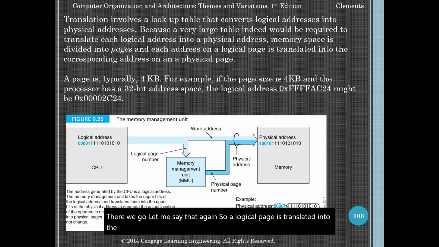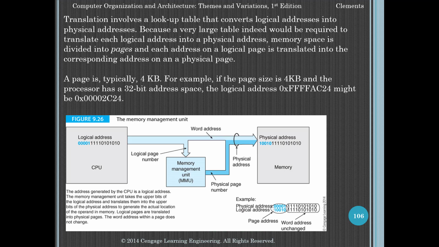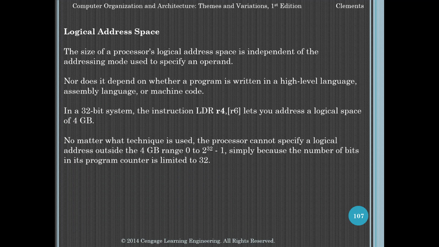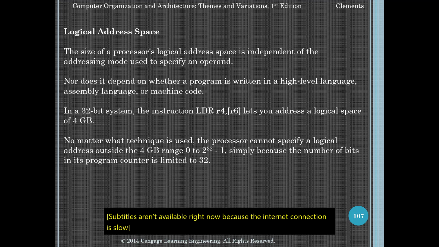A page is typically 4 kilobytes. We can see an example here. If the page size is 4 kilobytes and the processor has a 32-bit address space, the logical address here might be this address here. The size of the processor's logical address space is independent of the addressing mode used to specify an operand.